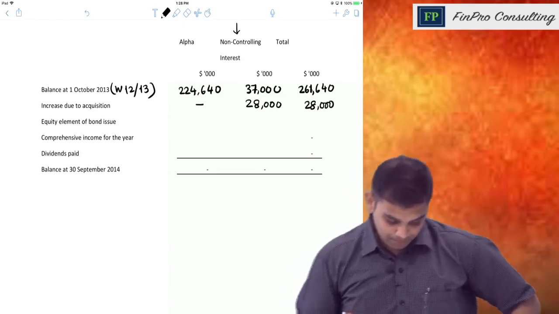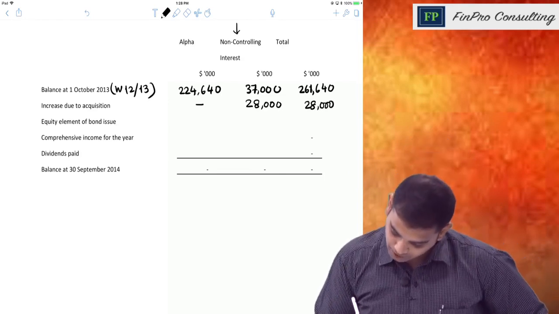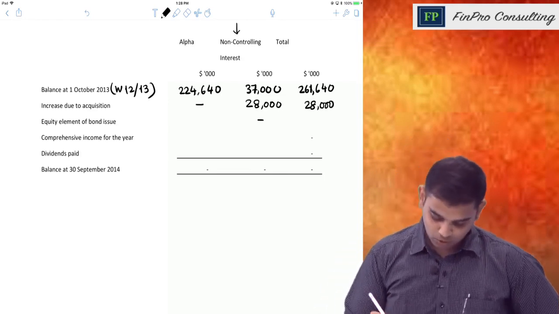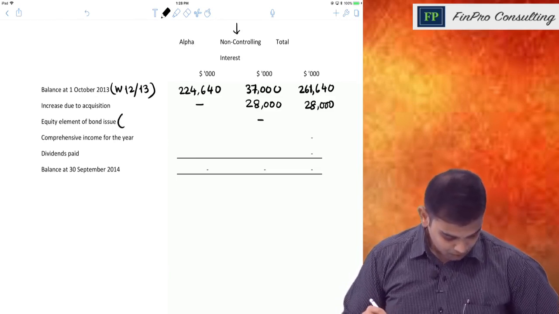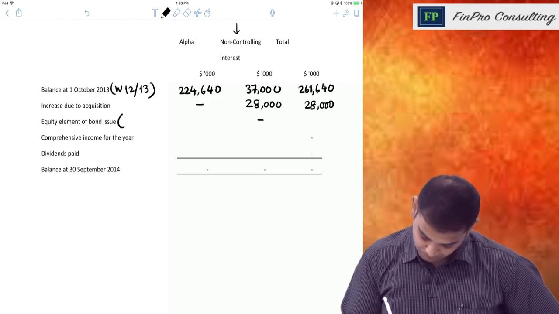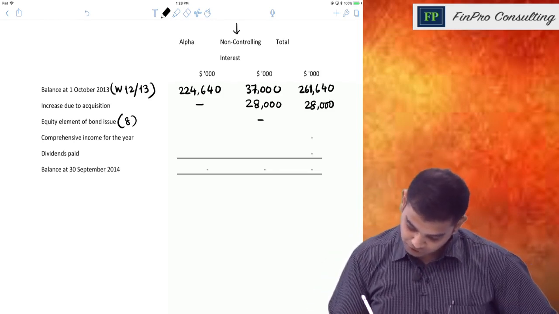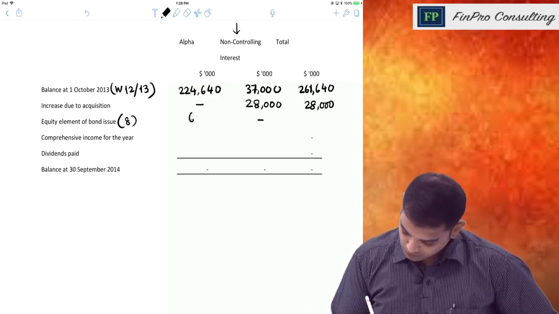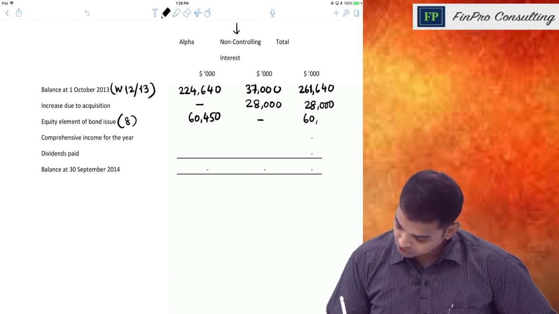Right? Then equity element of bond issue. Nothing to non-controlling interest because it is in alpha. So it will come from working note number 8. 60,450, right? So the outer column is also 60,450.